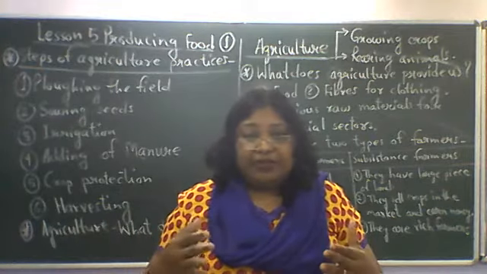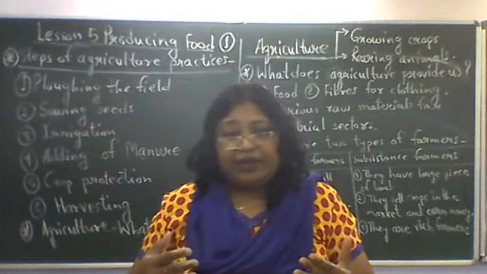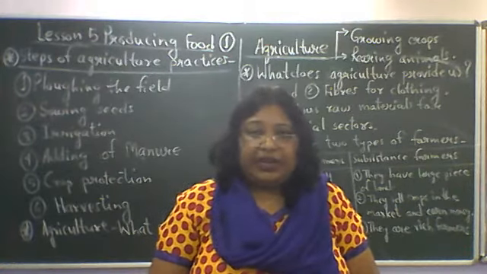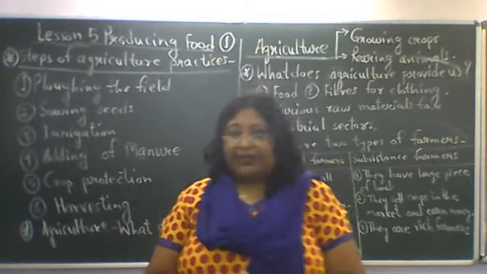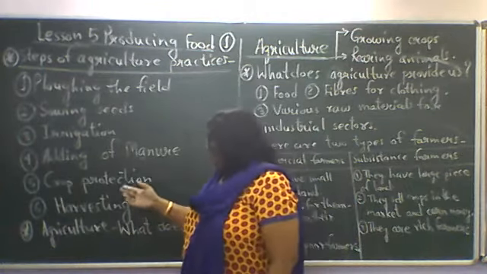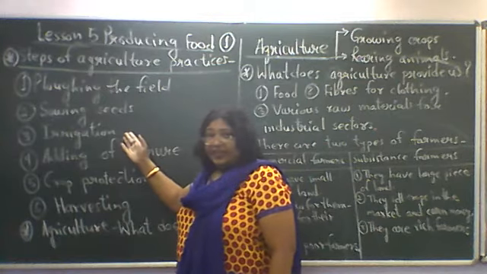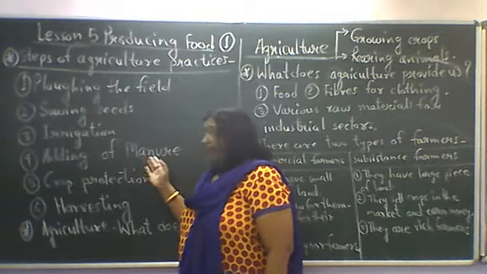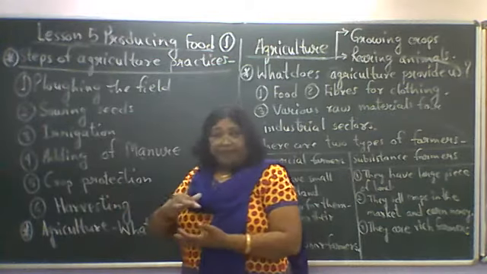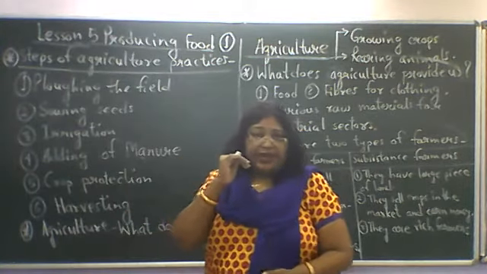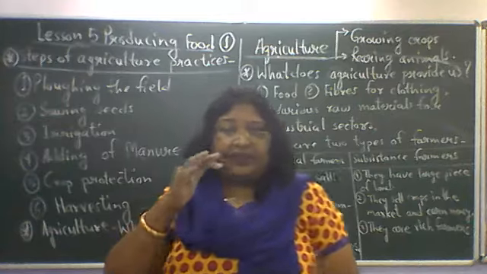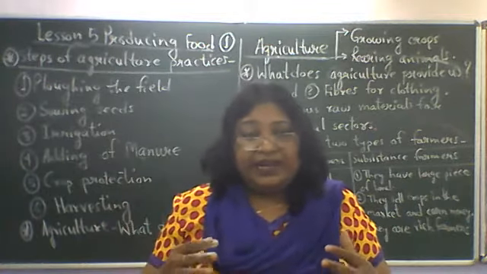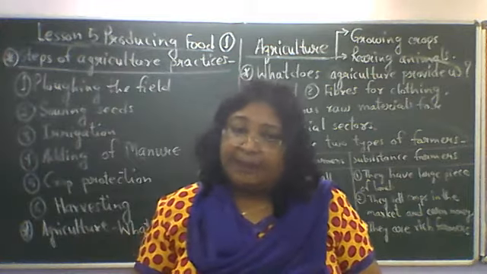And along with manure, some farmers also add fertilizers to improve the fertility of their soil. After irrigation, plants come out, then the farmer adds manure, and when plants grow and seeds are ready or about to be ready, then it is necessary to protect the plant.